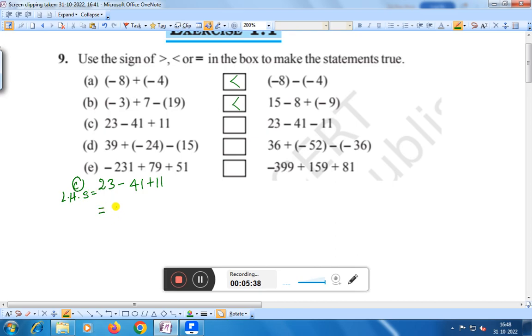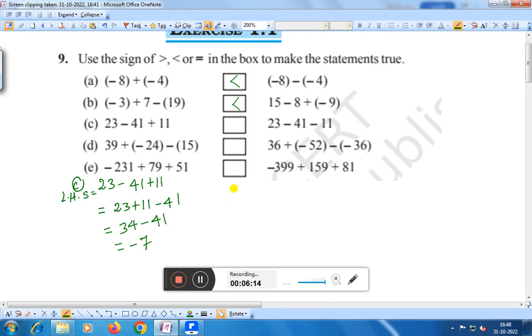Therefore, we are getting 23 plus 11, 3 plus 1 is 4, 2 plus 1 is 3, minus 41. That is equal to minus 7.